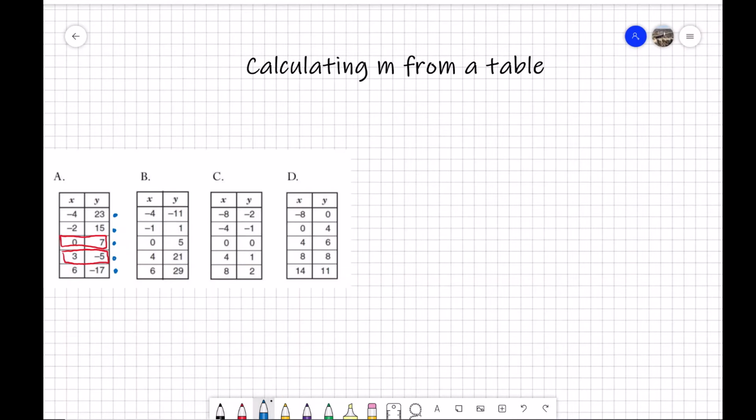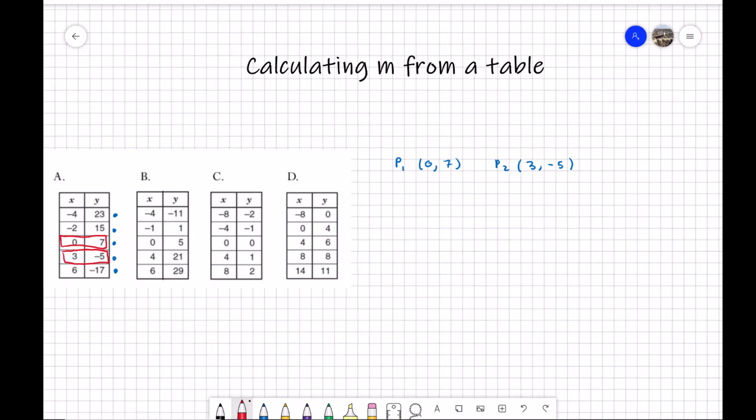I'm going to call it P1 because that's going to be my first point. I'm going to choose my first point to be 0,7, and my second point is going to be the other one, 3,-5.